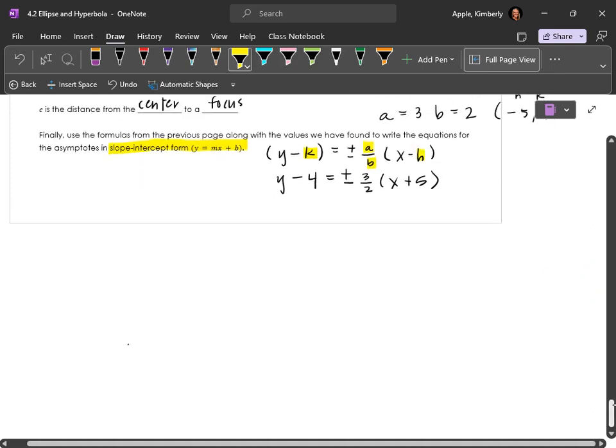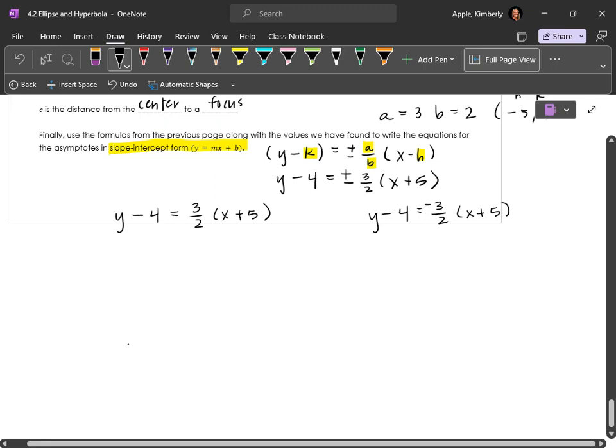First, there are two equations here. I'm going to take the plus, the positive slope. And then I also have a negative slope, negative 3 over 2, x plus 5.